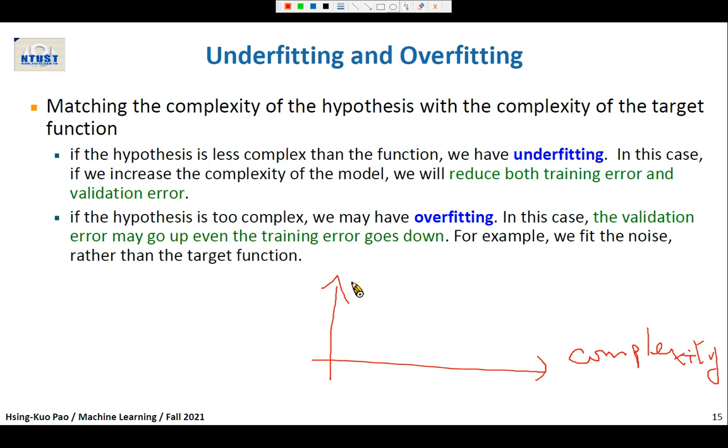When we go from a simple model to a complex model, we can see on the y-axis that the error will continue to go down, if we focus on the training error.